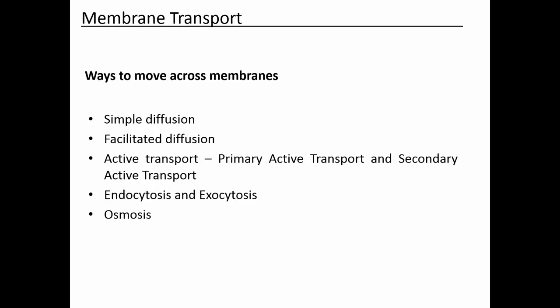And then another difference in terms of those two types of movement that we're going to see is that when a cell transports something down its concentration gradient, so from high to low, that type of movement is not going to require any energy from the cell. The cell does not have to put any energy into moving something down its concentration gradient, but if it moves something against its concentration gradient, then the cell will have to put energy into that movement.